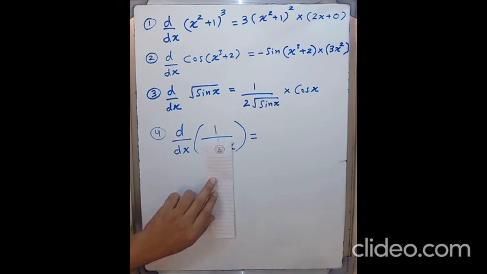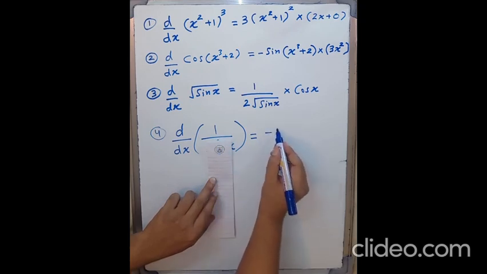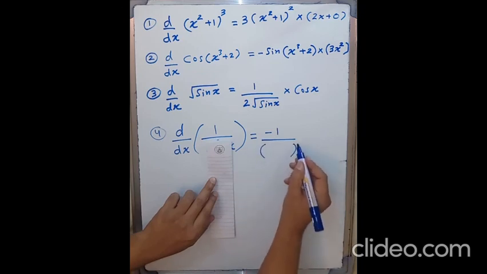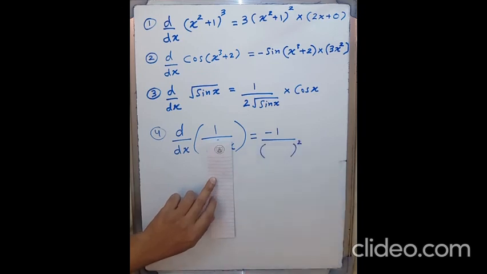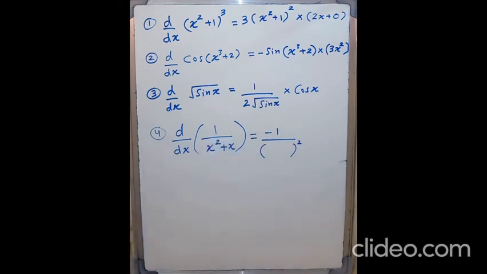So now the function is 1 by t, and we know that differentiation of 1 by t is minus 1 by t square, and here our t is x square plus x.